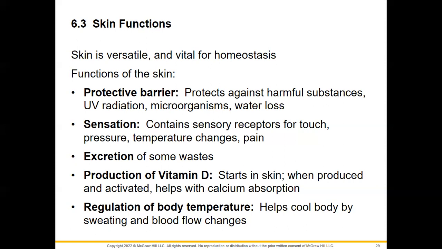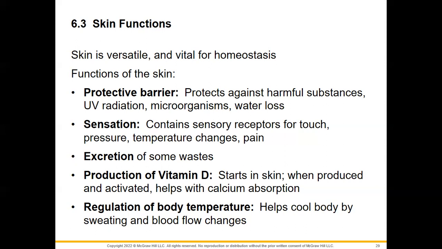The reason why their skin is red because of heat is because the blood vessels that are closer to the skin surface will dilate, meaning they'll open up. When they dilate, you allow more blood to flow through those vessels. And because they're close to the surface of the skin, that heat that is being transported in the blood is able to be released through the body surface.